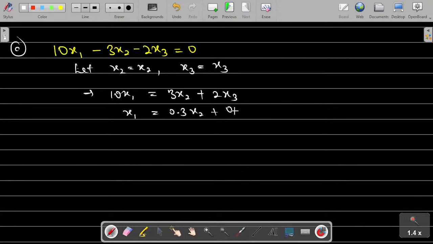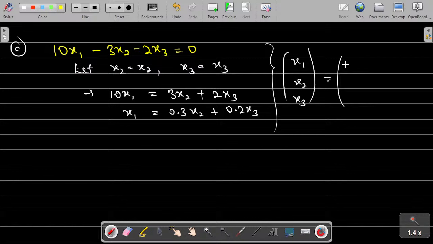0.3x2 plus 0.2x3. So that means our solution set, x1, x2, x3, is going to be equal to: what is our x1? Our x1 is 0.3x2 plus 0.2x3, and then our x2 is x2, our x3 is x3. And from here we can decompose this into two vector solutions, the one of x2 and then the one of x3.